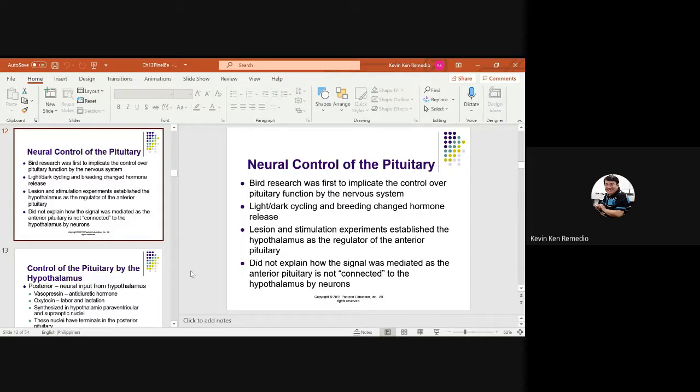So, lesion and stimulation experiments also established the fact that the hypothalamus is the regulator of the anterior pituitary gland. However, the research did not explain how the signal was mediated as the anterior pituitary is not connected to the hypothalamus by neurons. So wala pa'y connection class, wala pa'y explanation nga naay connection between your anterior pituitary gland and the hypothalamus. Okay?